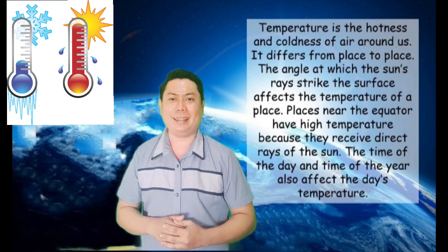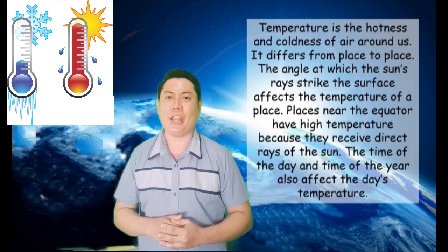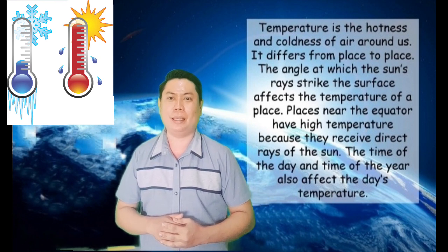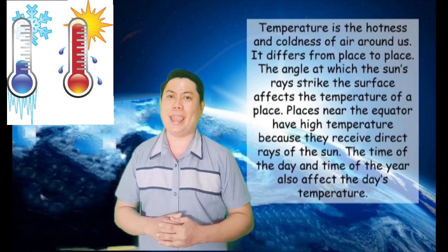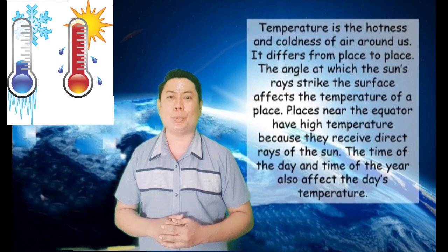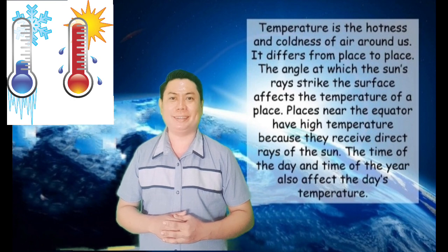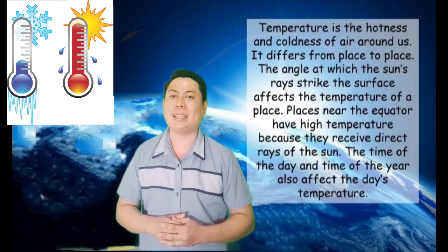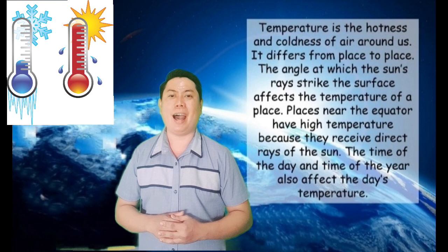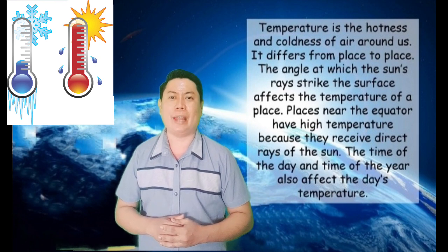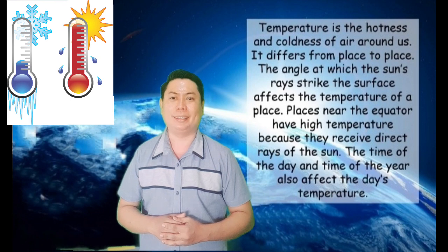Temperature is the hotness and coldness of air around us. It differs from place to place. The angle at which the sun's rays strike the surface affects the temperature of a place. Places near the equator have high temperature because they receive direct rays of the sun.